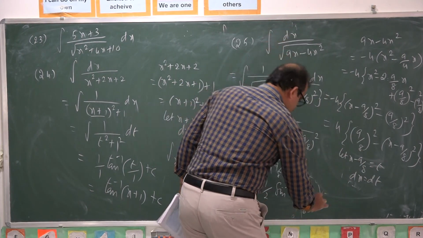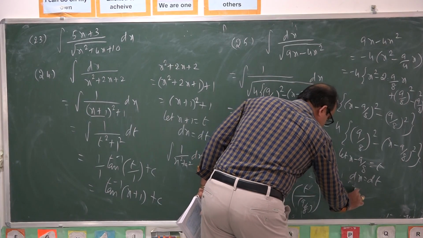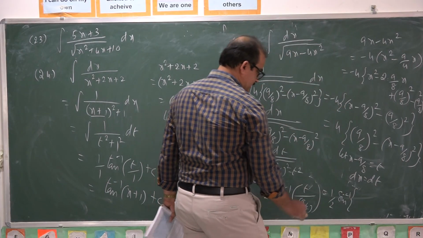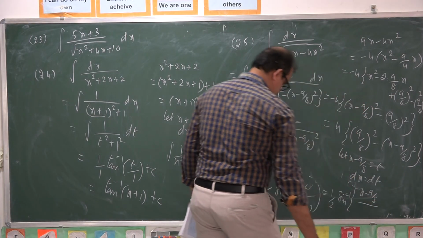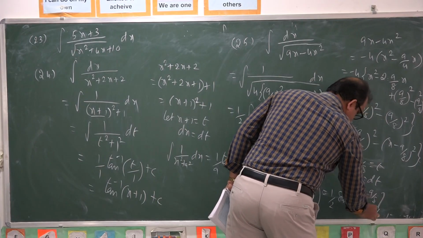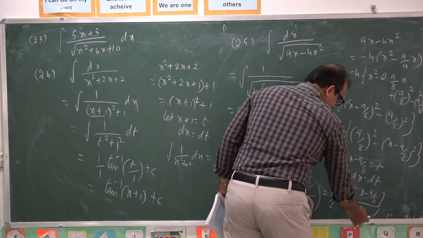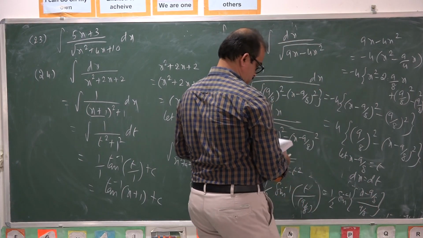that is equal to 1 by 2 into sin inverse of t, t is x minus 9 by 8, by 9 by 8. On taking LCM, this 8 gets cancelled. In numerator we get 8x minus 9.